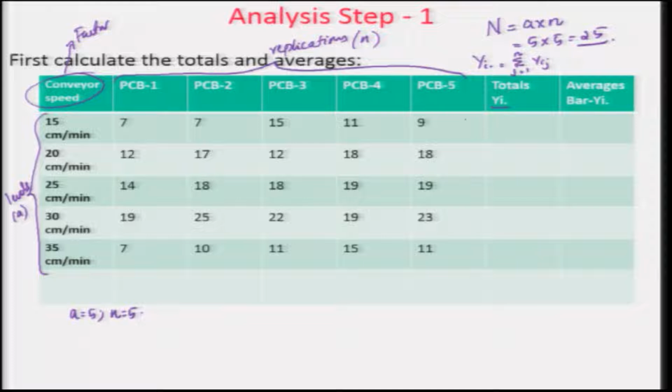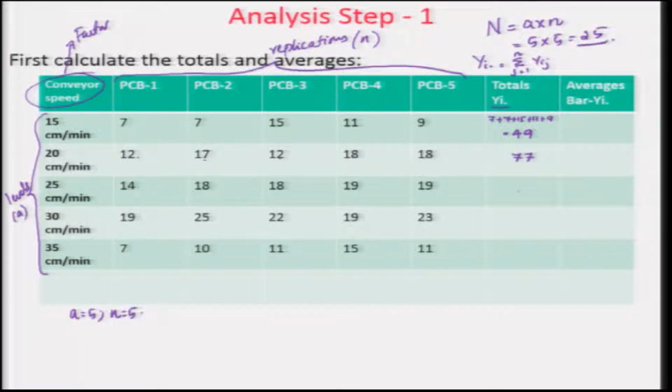In this case this is given by 7 plus 7 plus 15 plus 11 plus 9, which gives you a value of 49. The second value is 12 plus 17 plus 12 plus 18 plus 18, which gives you 77.